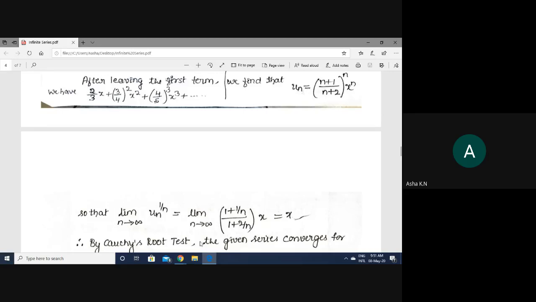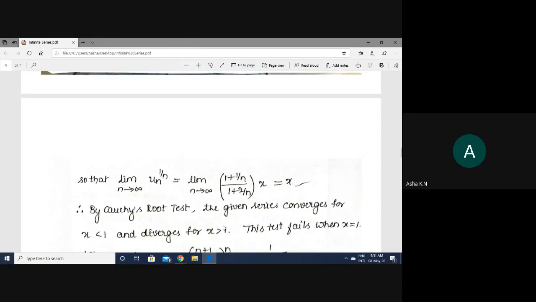So by Cauchy's root test, the series converges for x less than 1, diverges for x greater than 1, and the test fails for x equal to 1. This is about Cauchy's ratio test and root test. For infinite series, you have only these two methods.